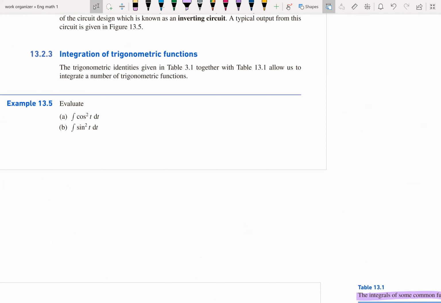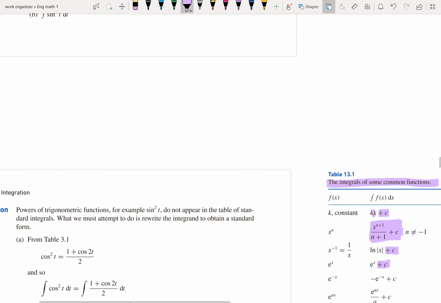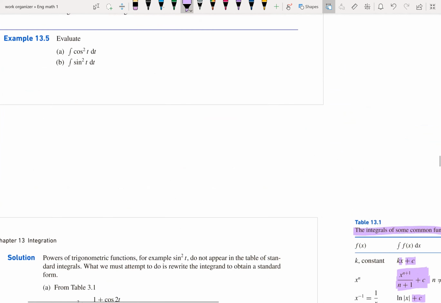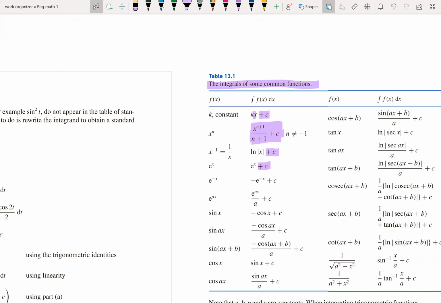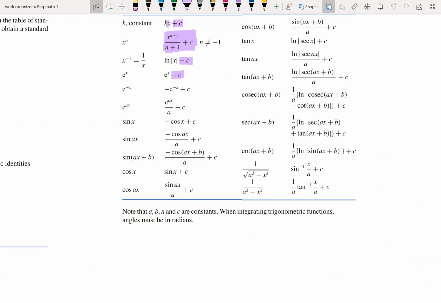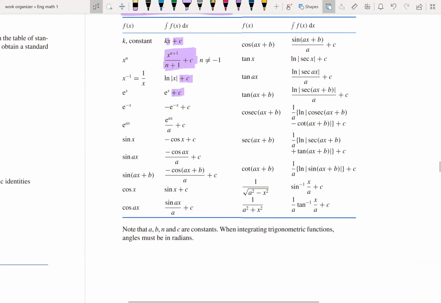Some of the trigonometric identities are not given directly in the table here. So let's say for this one, we have cos squared t and then sin squared t. There's nowhere we can find sin squared t or cos squared t in the table.